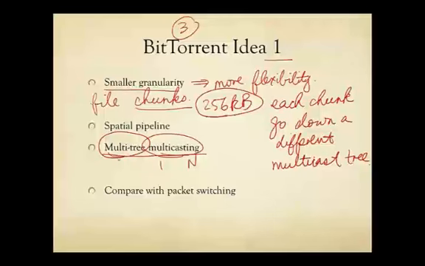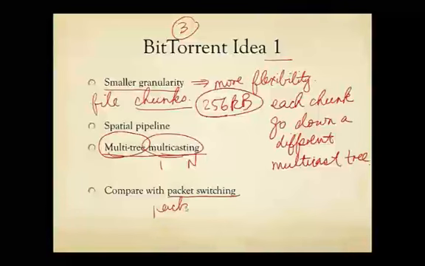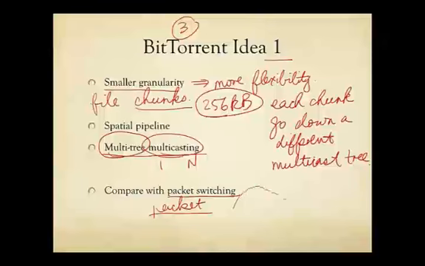Now we can compare this to packet switching two lectures ago. As we went from circuit to packet switching, we used a smaller unit of granularity called a packet, and each packet can go down a possibly different path, and this led to one of the two advantages of scalability or efficiency of resource usage in the internet.